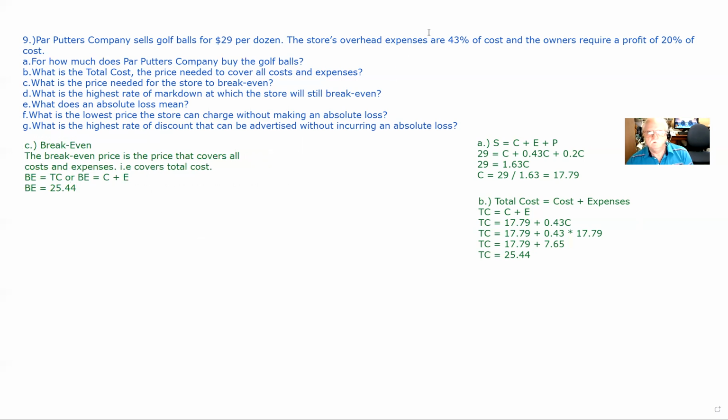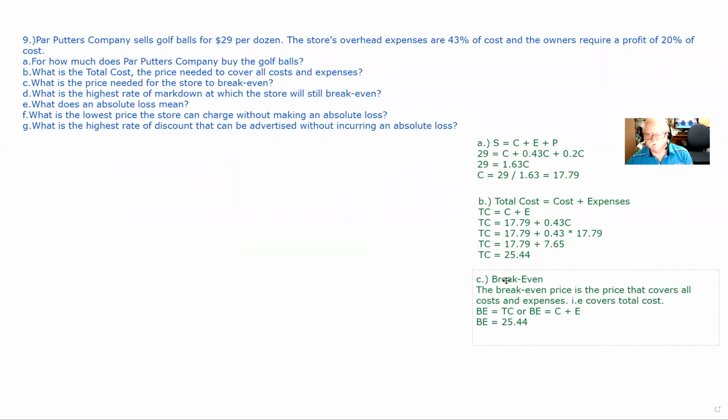So let's put this over here because we can ignore it for now. And look at part D. What is the highest rate of markdown at which the store will still break even? So what we're considering here is that the list price is $29.